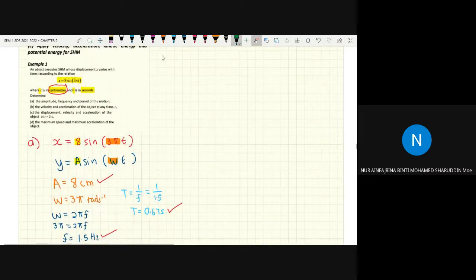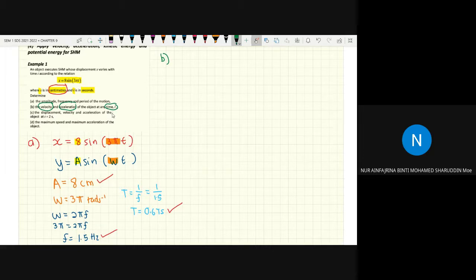Now, let's look at B. B dia minta velocity and acceleration of the object at any time t. Apa you kena buat? Bila dia cakap at any time t, maksudnya you kena differentiate dia respect to time.